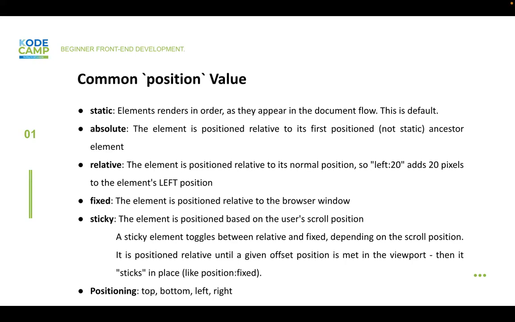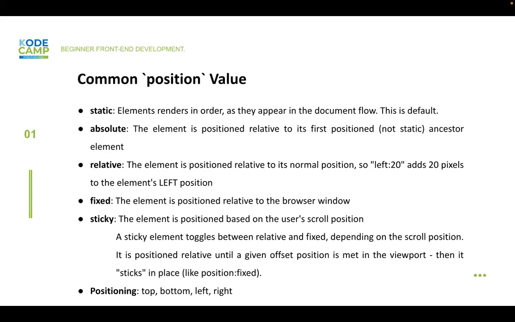And sticky. Sticky is when the element is positioned based on the user scroll position. Well, the best way I can explain this is when I show you how it actually looks in the web browser. But to explain it somehow, if you notice on some websites, when you're scrolling, there's a particular item or content that will scroll together with you as far as it's still on the screen. And then when you get to the top of the screen, it's going to stick there, it's going to stay there.